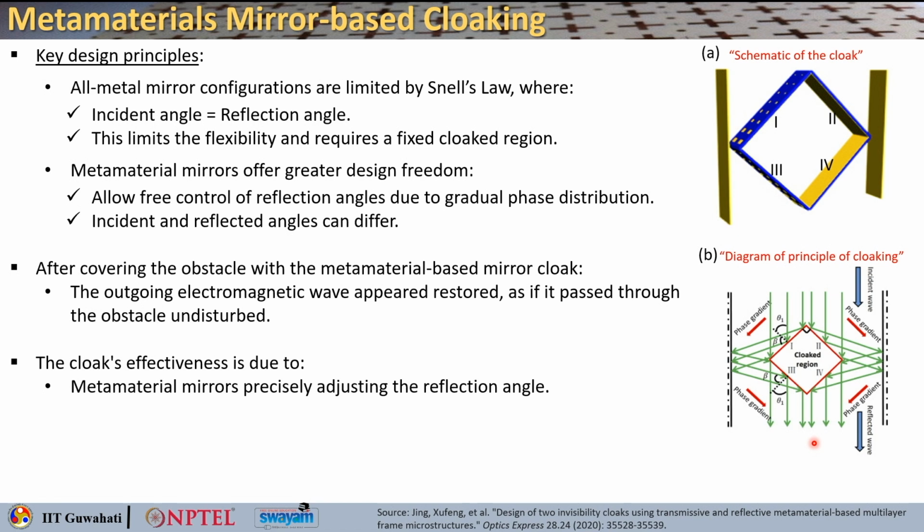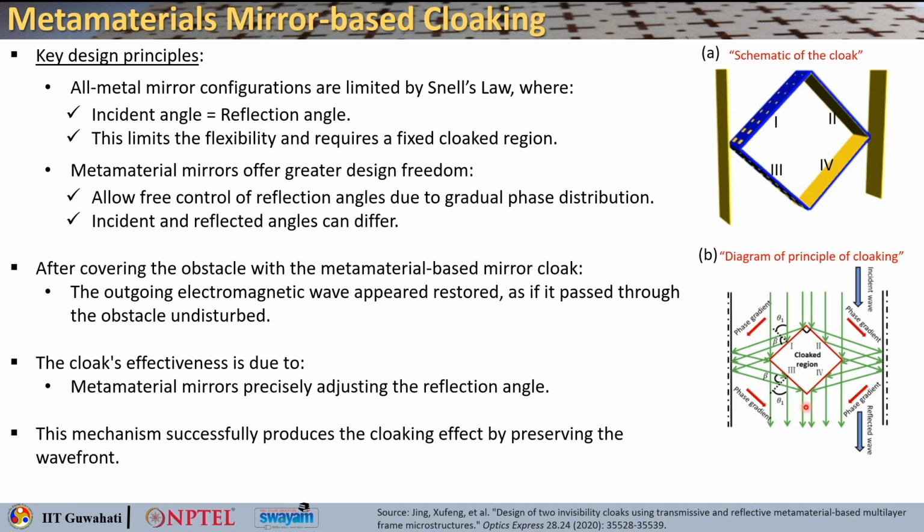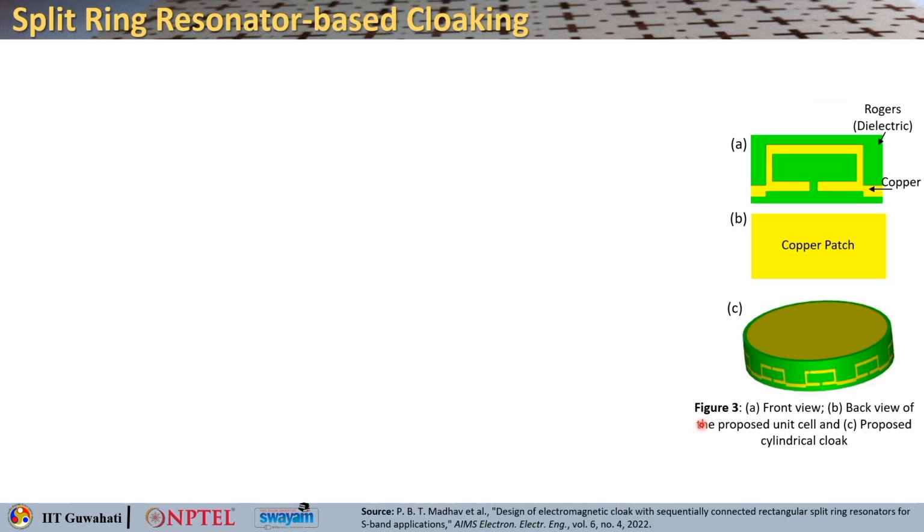This is mainly because of the metamaterial mirrors. They are able to precisely adjust the reflection angle and bring the outgoing wave back in the same path as the incoming wave. So this mechanism successfully produces the cloaking effect by preserving the wavefront, right. That is the most important thing.